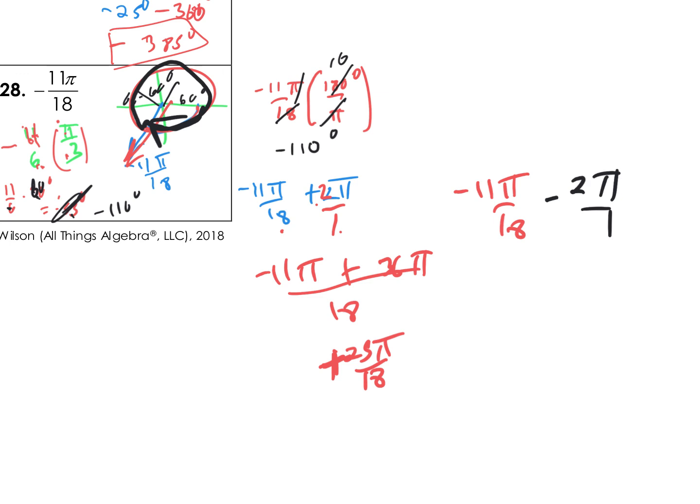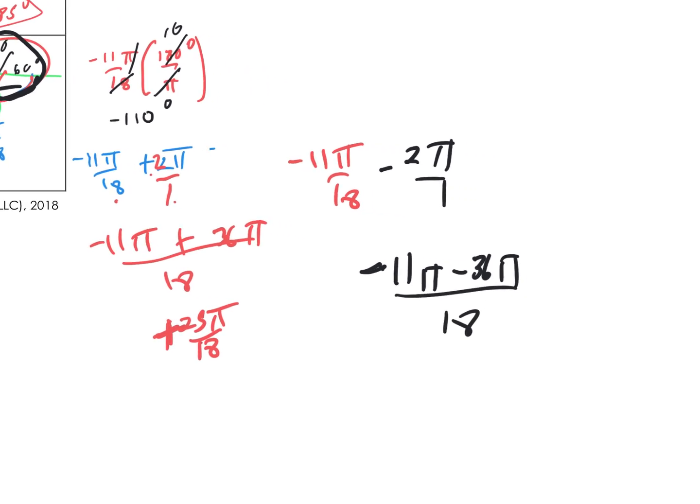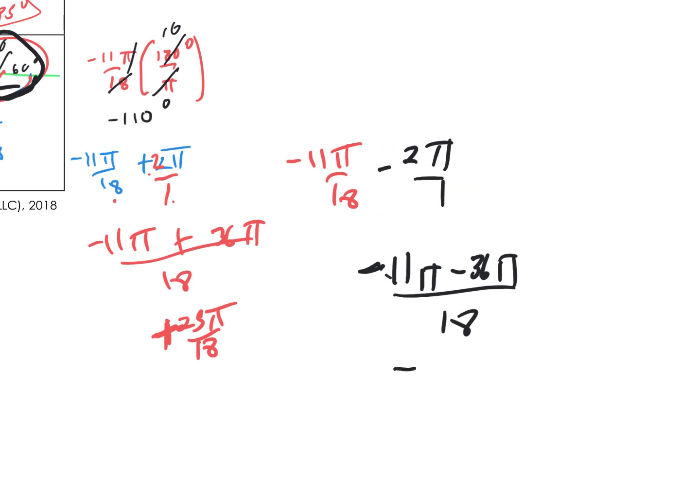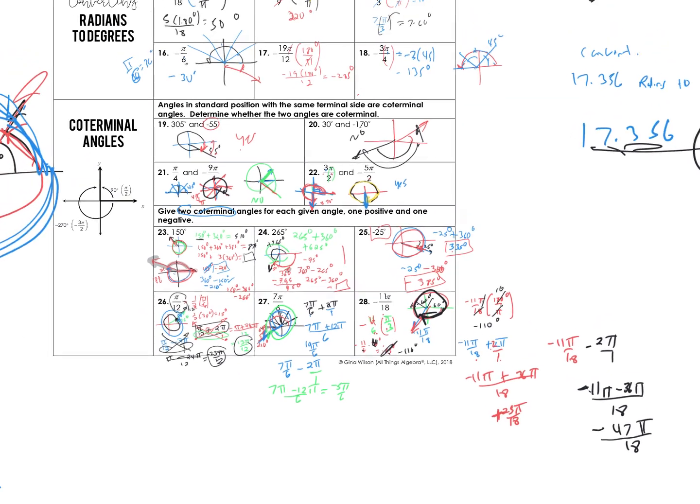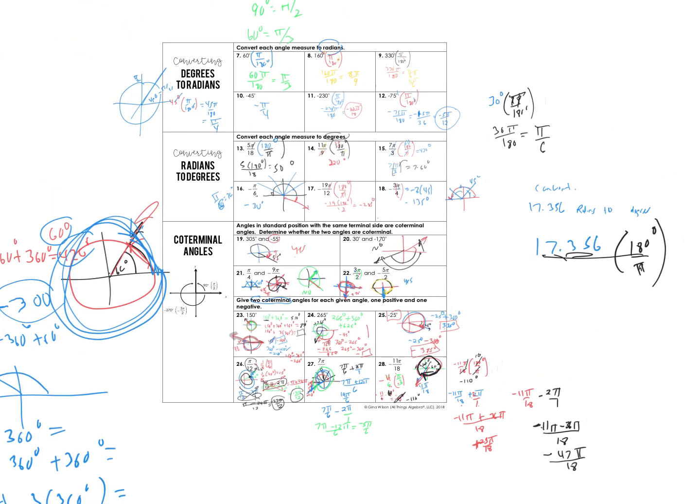That gives me, again, negative 11 pi, but this time it's minus 36 pi over the 18. Now they're both negative, so it stays negative. Negative 47 pi all over 18. I don't think it reduces. Okay, well, there the whole thing is.